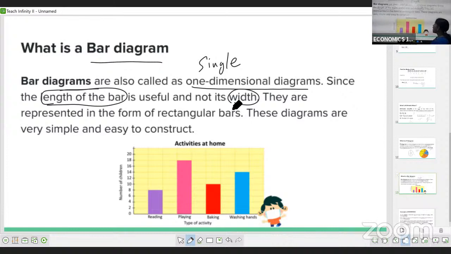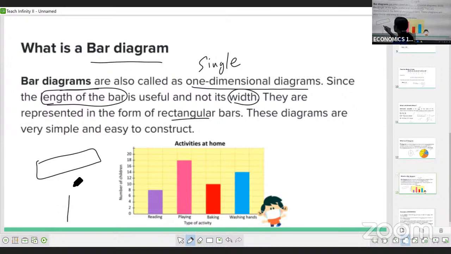And they are represented in the form of rectangular bars. Rectangular means rectangle, no? So if you are presenting it in the diagram, then it will be like this. These are the bars which we construct to draw the bar diagrams.